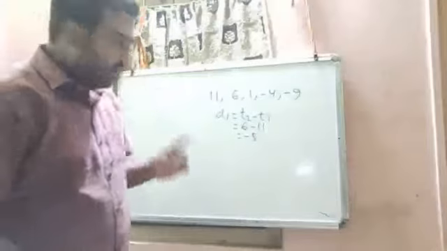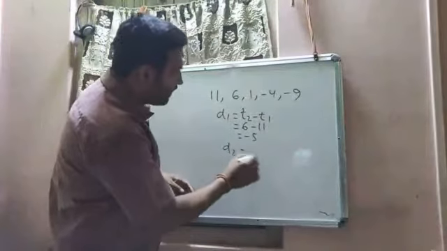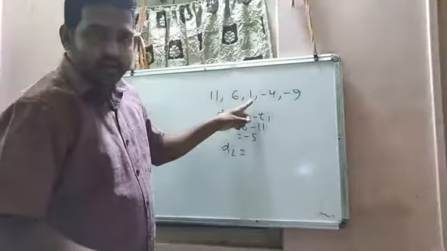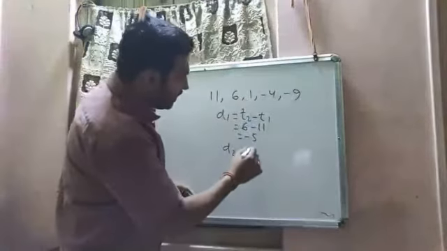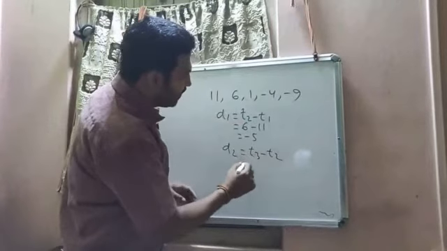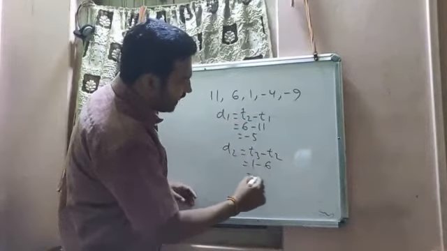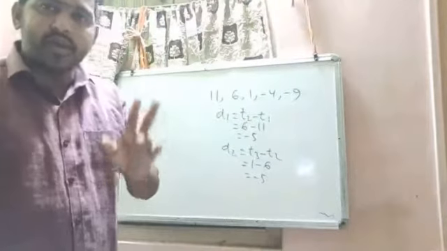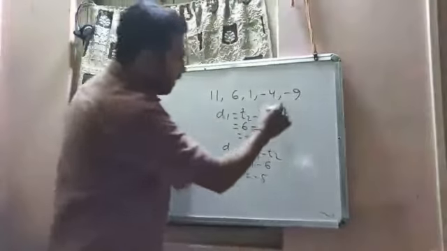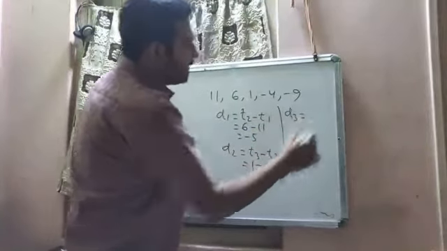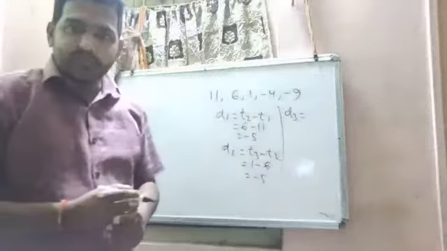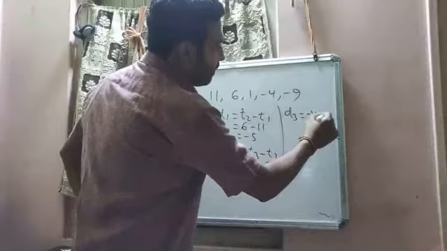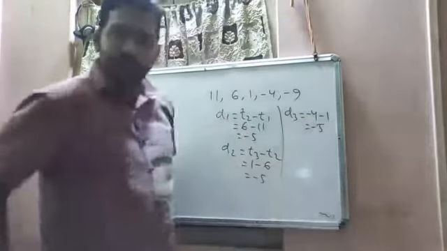Now let me find d2, the difference between the second and the third term. t3 minus t2, that is 1 minus 6, again minus 5. Already we have got the same difference on the first two occasions. Now D3 is going to be the difference between the third and the fourth term. Look at the fourth term, minus 4 minus 1, that is going to be minus 5.